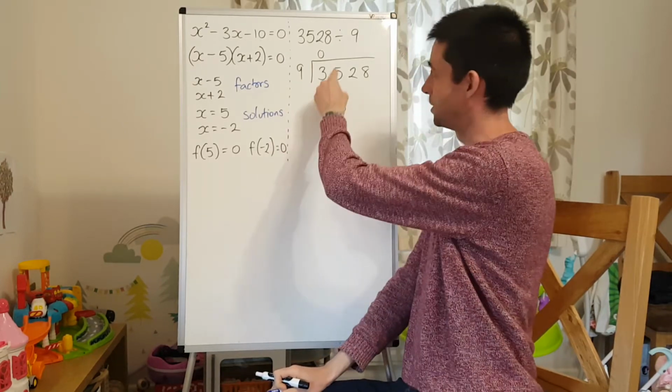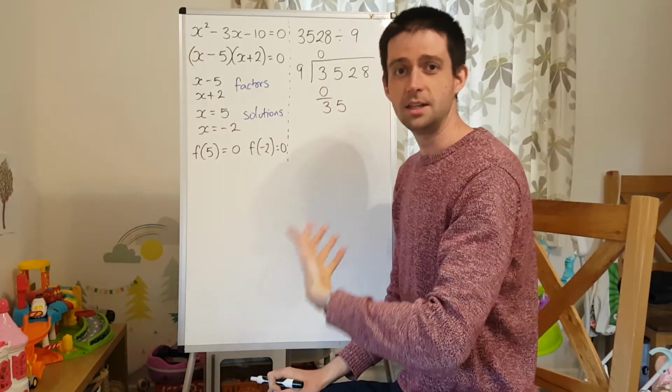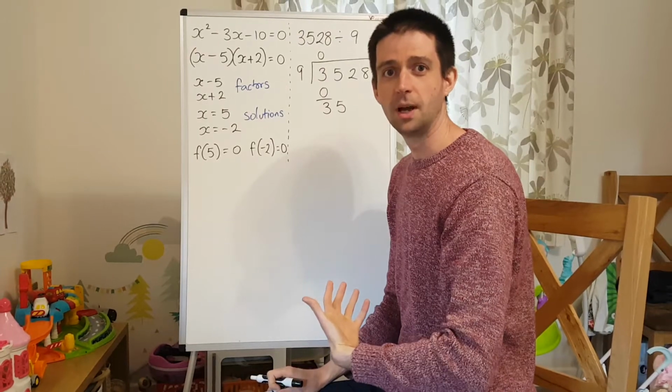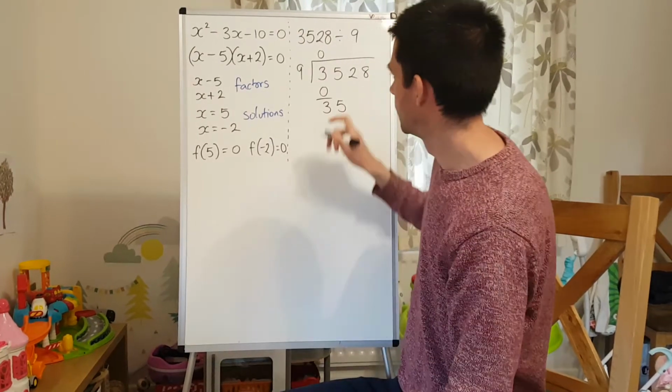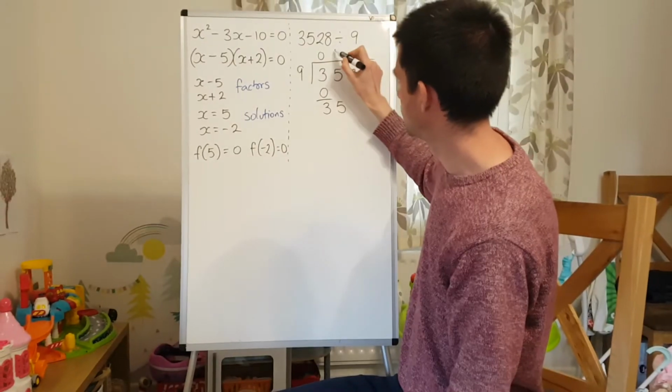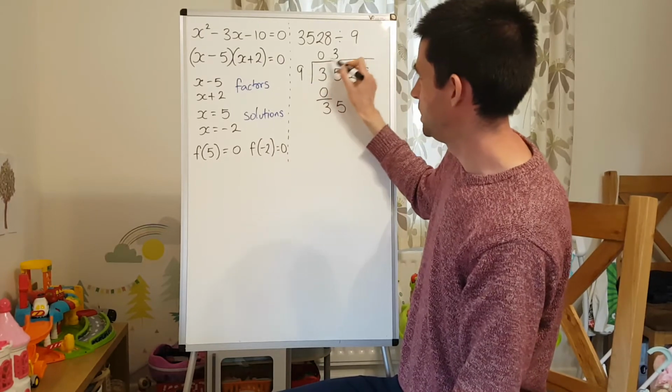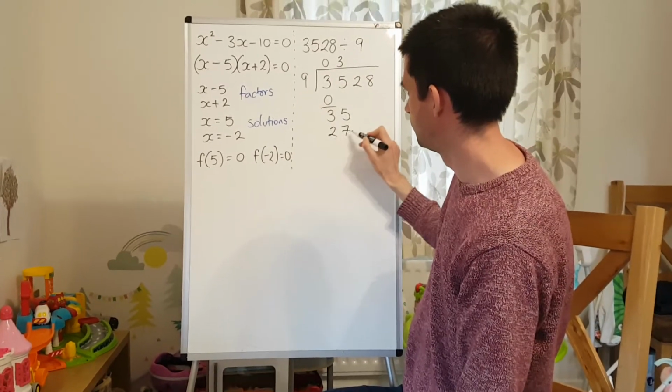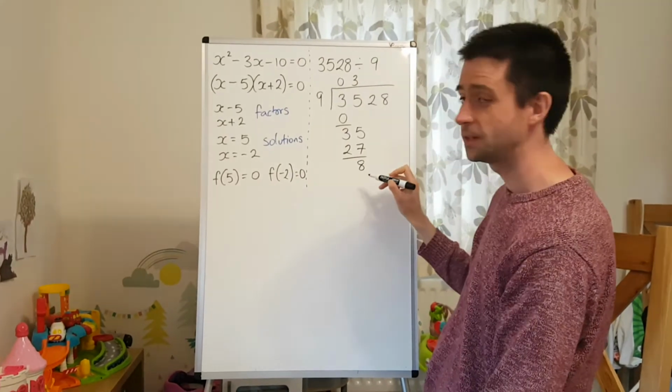So not only is it clearer than trying to squeeze that number in there, this is exactly the process we're going to use when we come to do this with algebra. 9's into 35 goes 3. 3 times 9 is 27, which is a remainder of 8.